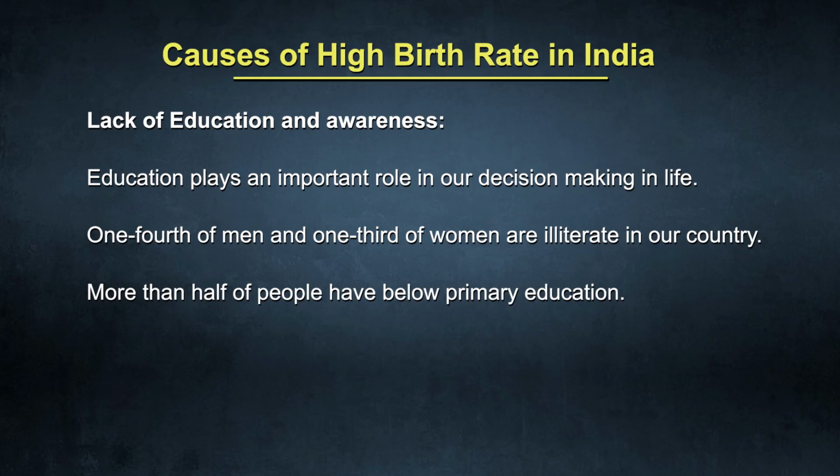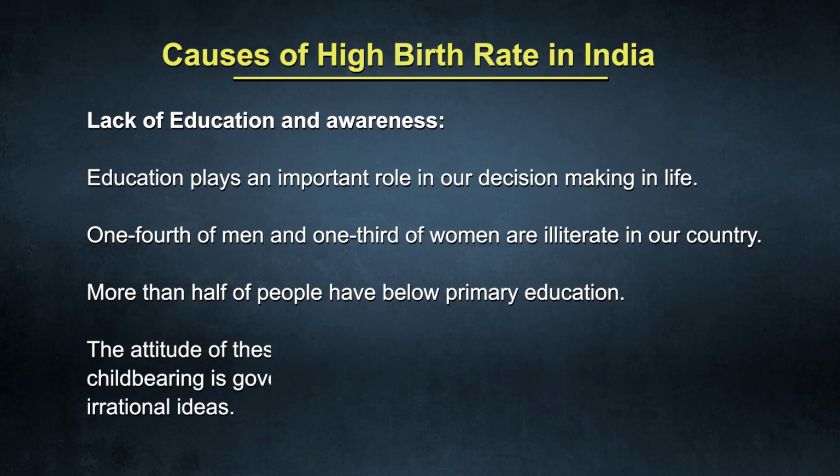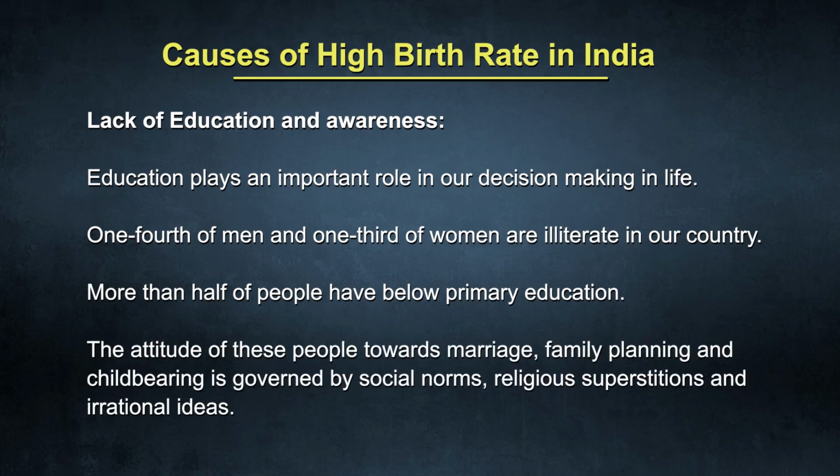This information indicates that the education level in our country is relatively poor. As a result, people in our country are not able to manage their married life, family planning, and child bearing, and as a result, we have experienced a high birth rate in our country.